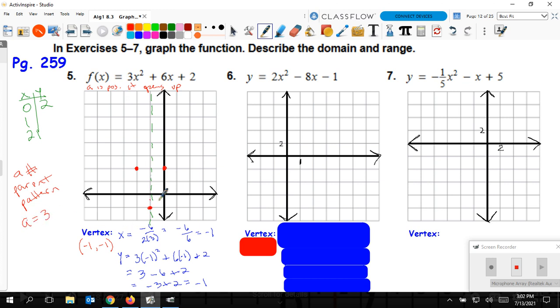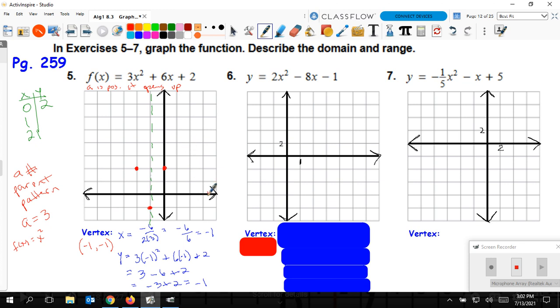The parent function, remember, if I was to graph a parent function, we'd start at 0, 0, and then we would go 1 to the right, and we would square that number, because whatever we put in for x, we're going to square it. Remember, the parent function is f of x equals x squared. So if I just square 1, that's going to give me 1. If I do 2 and square 2, it's going to give me 4.